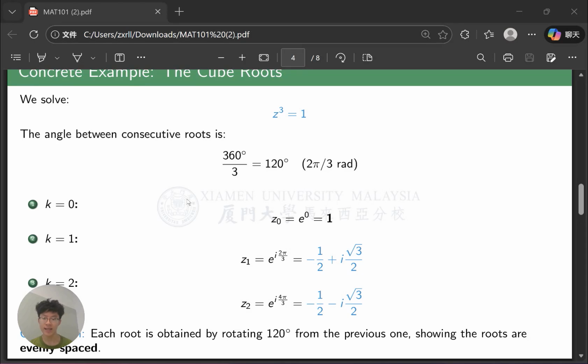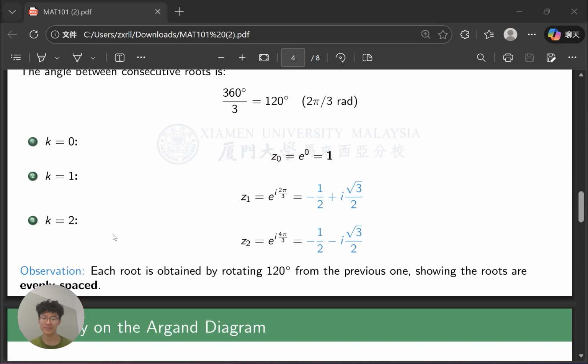This gives us z sub 2. If we went to k equals 3, we would hit 360 degrees and be back at 1. So algebra tells us the values, but what does this look like geometrically?